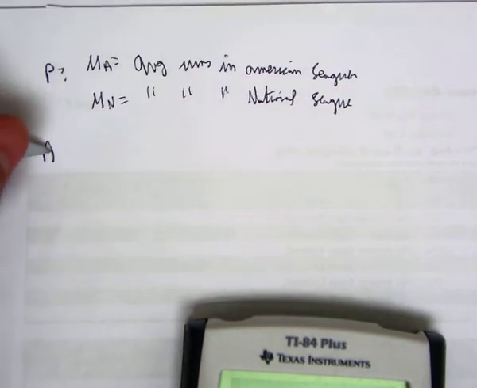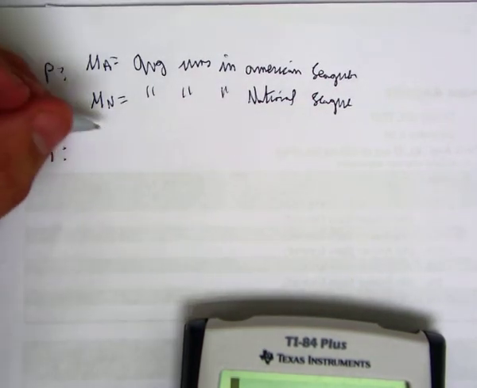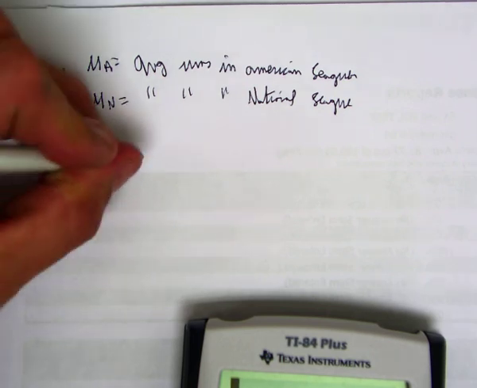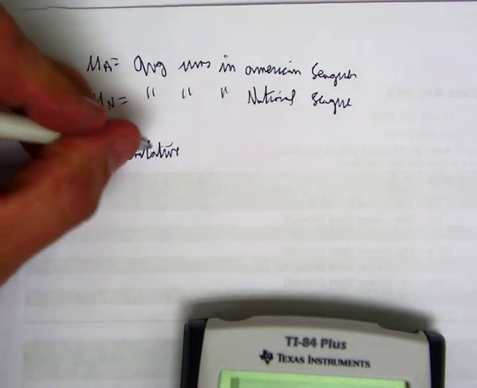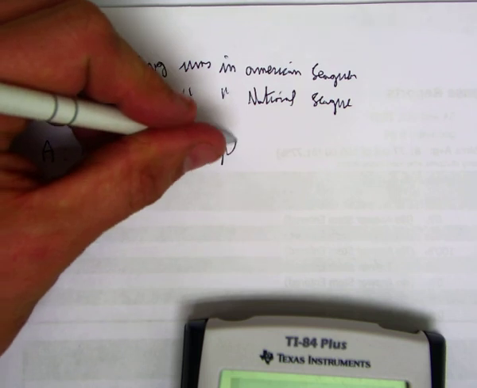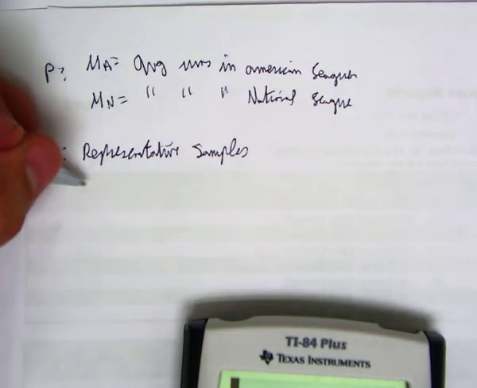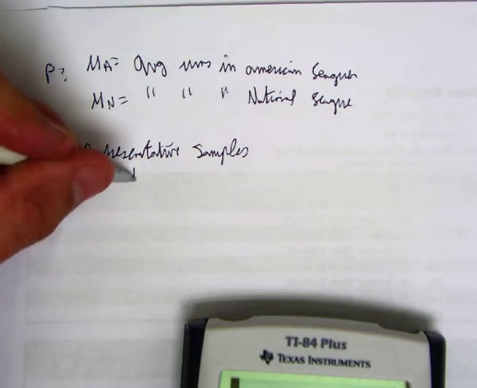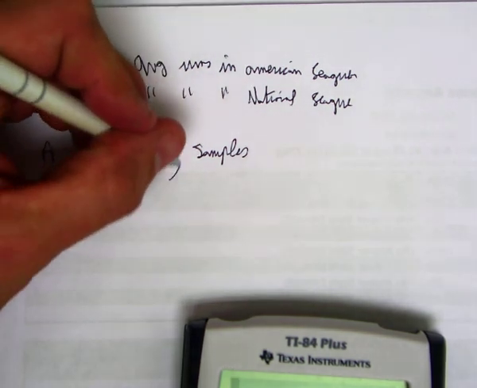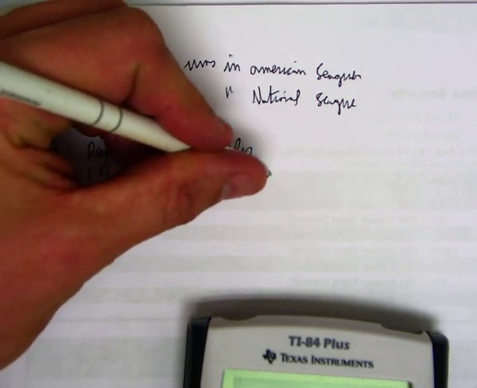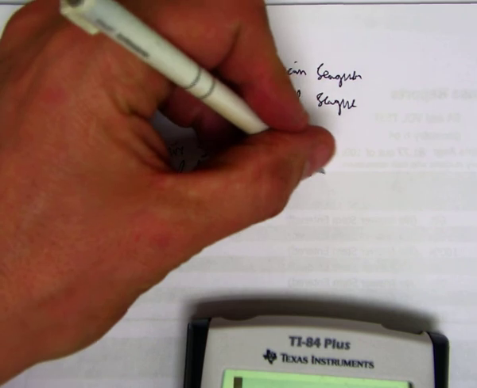Okay. The assumptions and conditions. These are representative samples. Our n value for both of these are 14 and 16. So 14 and 16 are both less than 10% of all seasons.